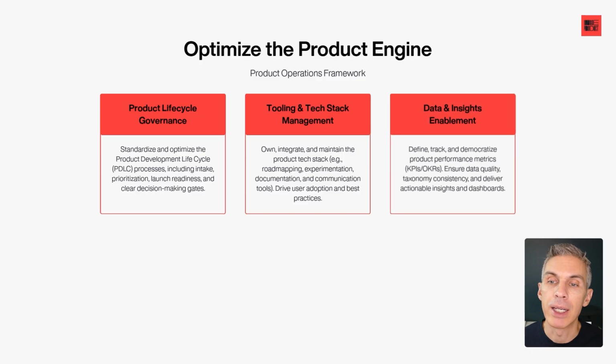The next one is going to be data and insights enablement. They don't necessarily have to define all the KPIs or OKRs, but they had to be there to help teams defining those ones and bringing that visibility to a wider audience. So R&D or product teams might be caring, of course, about a certain KPI, certain OKRs that they want to track.